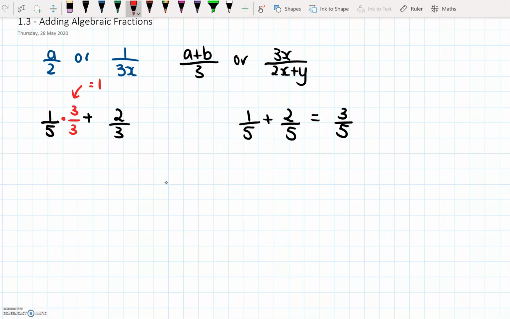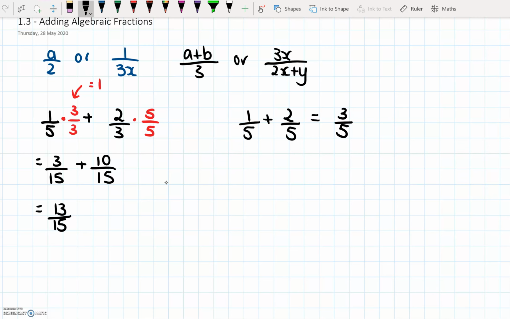For 2/3, the opposite denominator is 5, so we multiply by 5 over 5. What we get is 1 times 3 is 3 over 5 times 3 is 15, plus 2 times 5 is 10 over 3 times 5 is 15. So we get 13 over 15, and we're done.